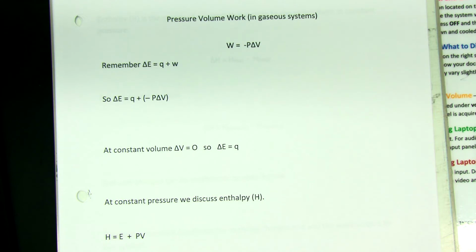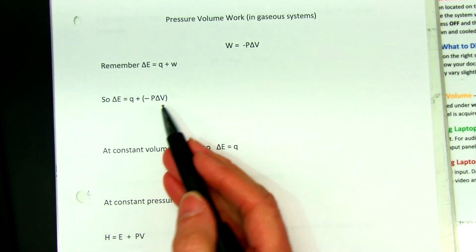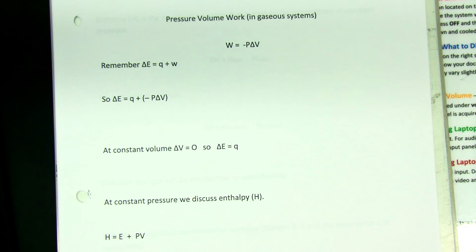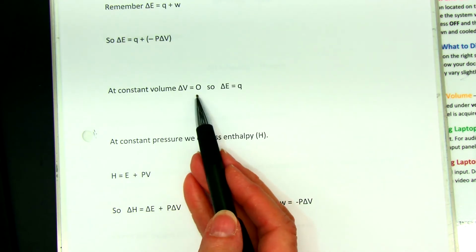So we define work, W, as equal to minus the pressure times the change in volume, negative P delta V. And we know that delta E, the energy change, is equal to Q plus W. So delta E is Q plus a negative P delta V. Now, in chemistry, we often do things with gases in sealed containers so the volume remains constant. If the volume is constant, delta V is 0.